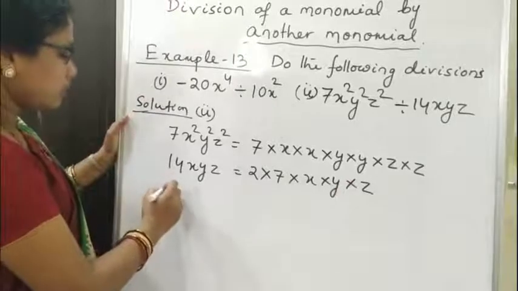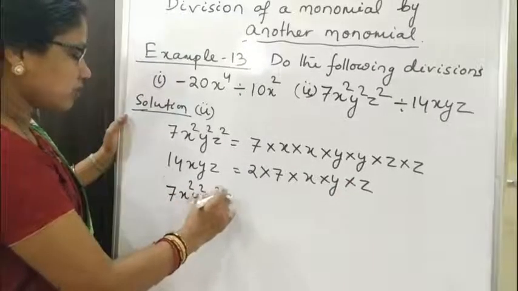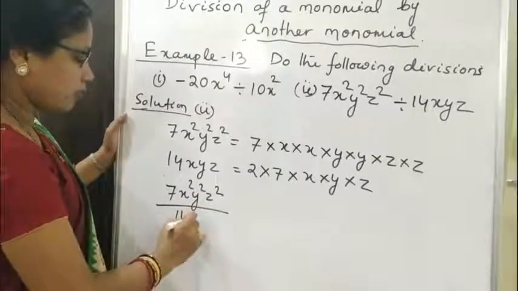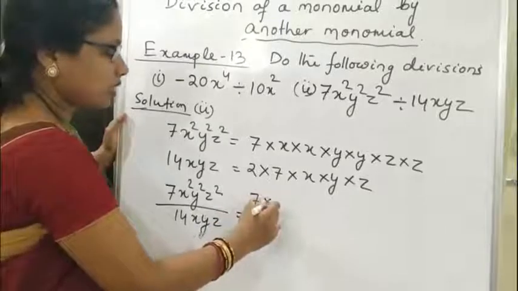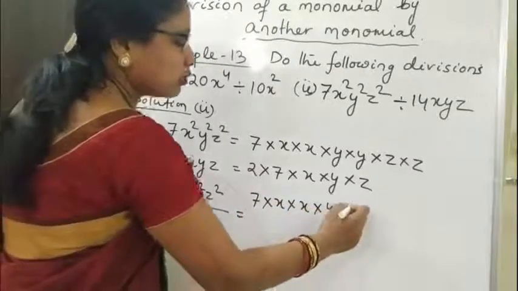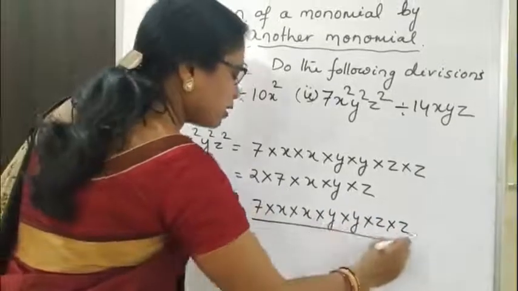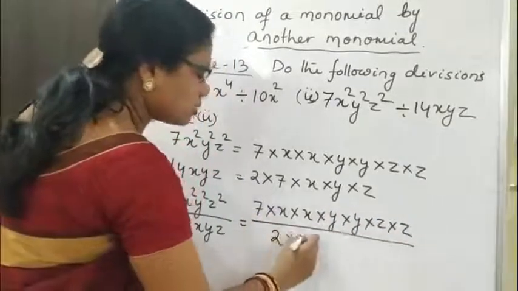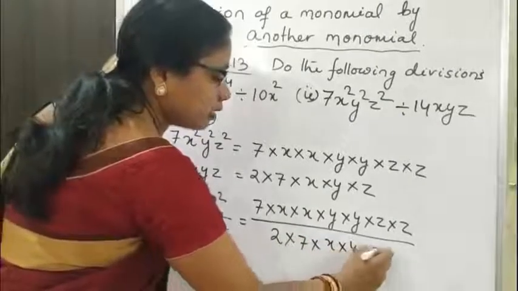So this implies 7x square y square z square divided by 14xyz is equal to 7 into x into x into y into y into z into z divided by 2 into 7 into x into y into z.